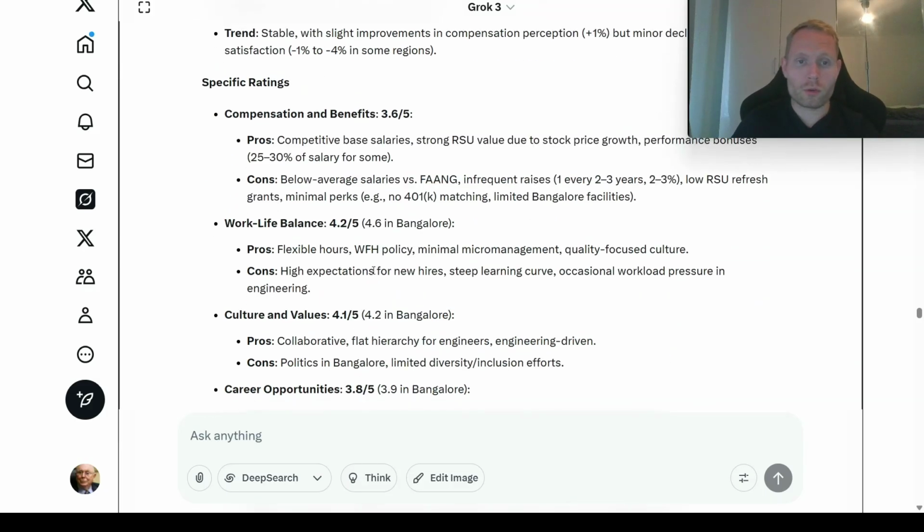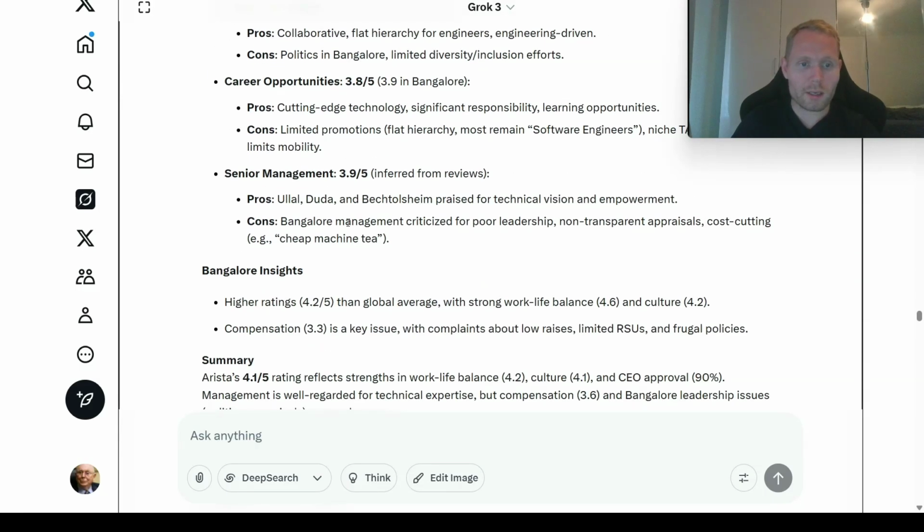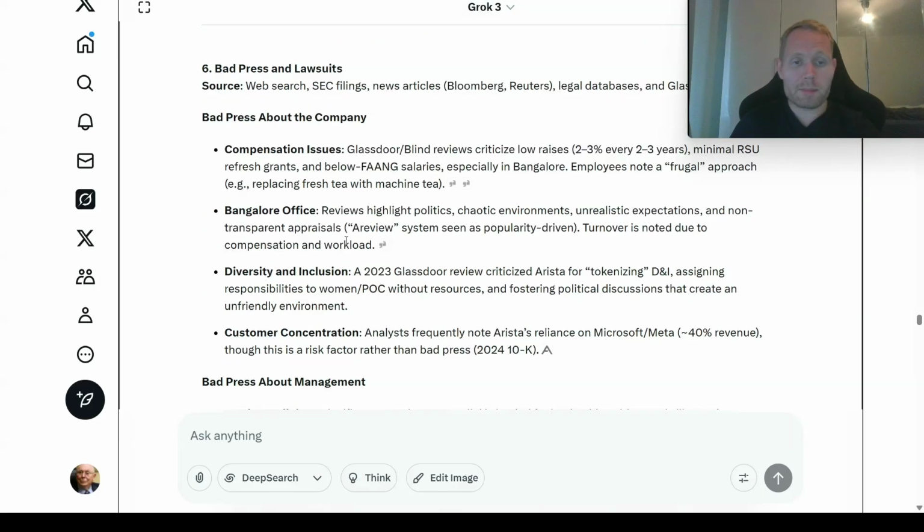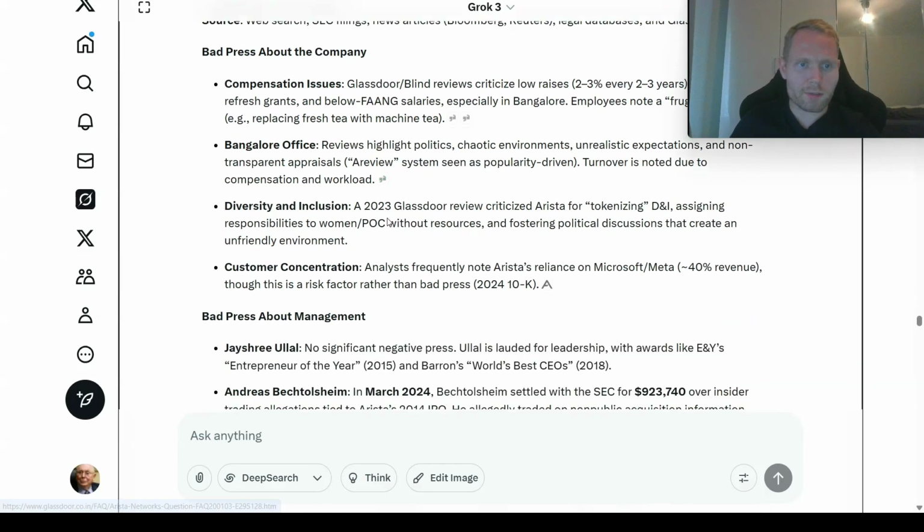This is very good to read through to try to figure out how the culture is within the company, and it's looking pretty good. And then we have bad press and lawsuits. Bad press about the company is mainly in their Bangalore office, nothing specific here.